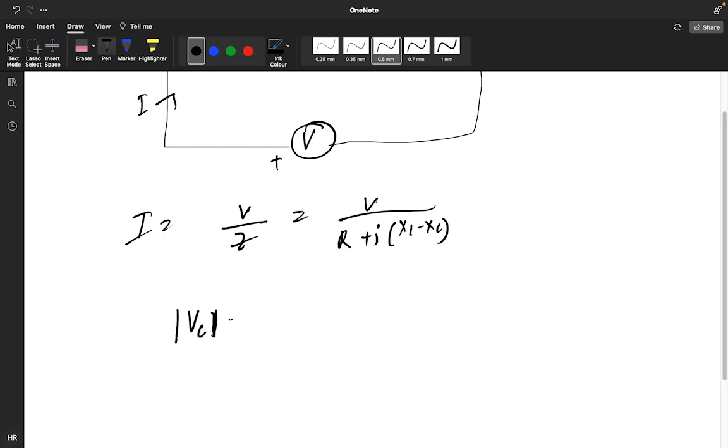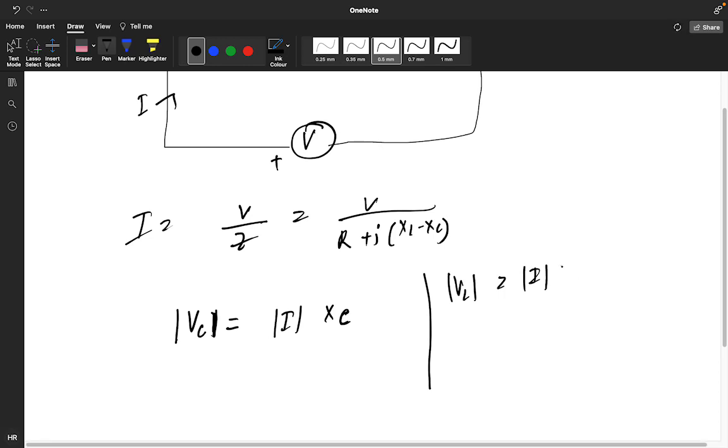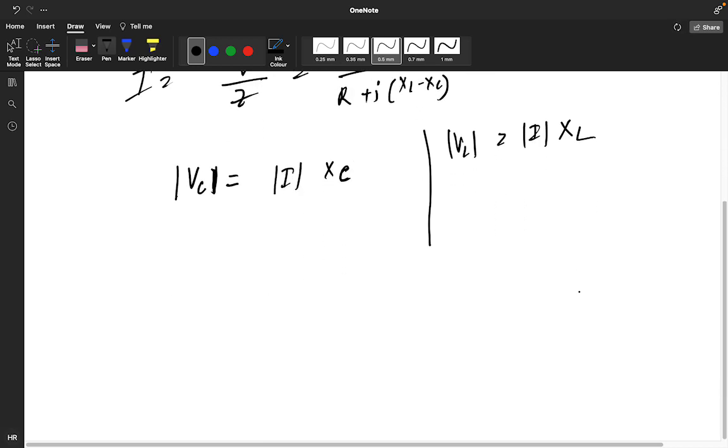And what will be the VC voltage? VC voltage will be mod I into XC. And what is the VL voltage? Mod I into XL. So if you want to find the value of VC, what is the mod I value?